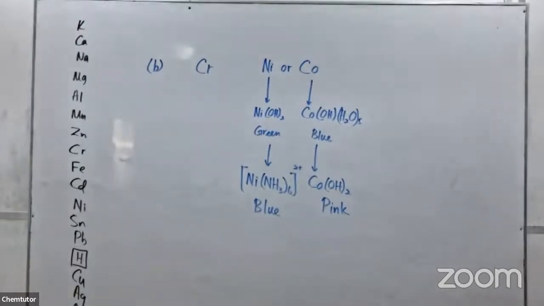Right, so we can explain that. Nickel gives a green precipitate with ammonia, and it dissolves in excess ammonia to give a blue solution.